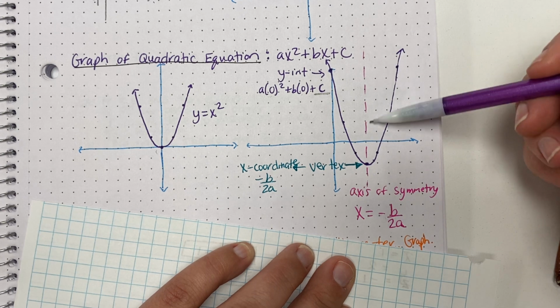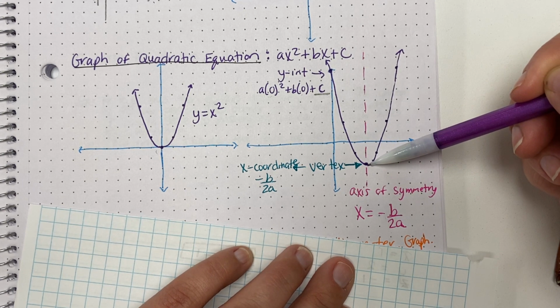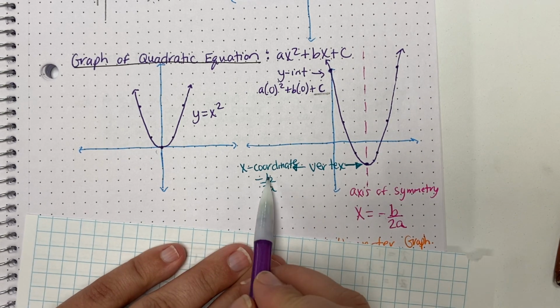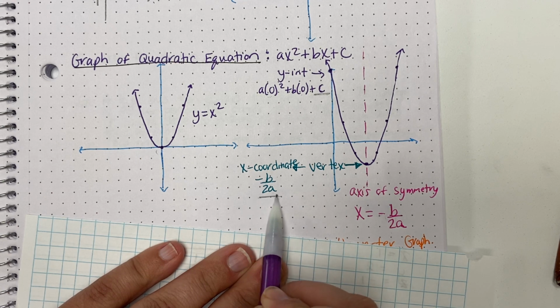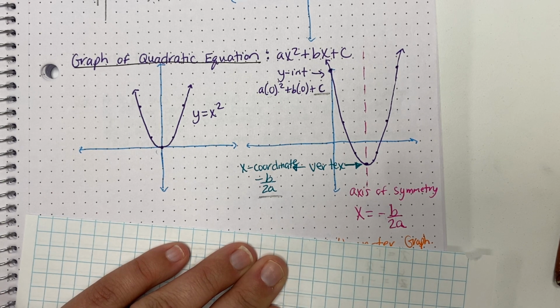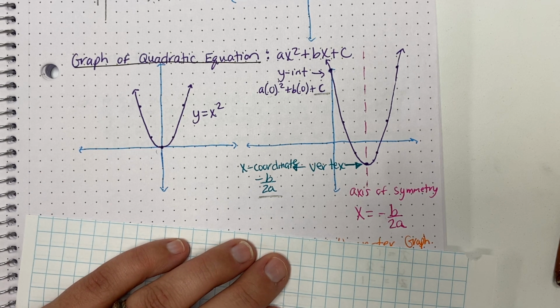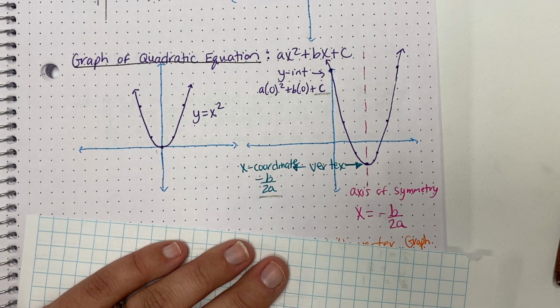That axis of symmetry line goes through this bottom point, which is called your vertex. We can find the x coordinate of our vertex by doing negative b over 2a. That finds the x of our vertex, and then we will be able to find our y.